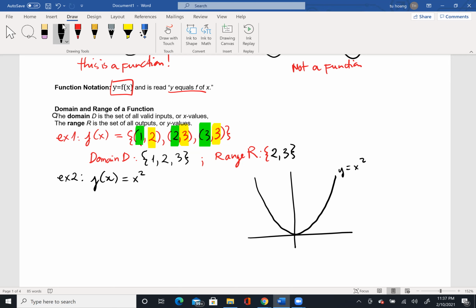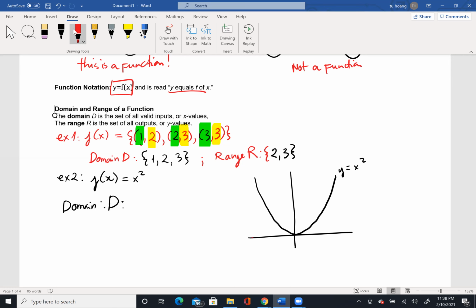So you might talk about the domain. I will consider the valid values of x, or the input, right? So in this case, I will take a look at the values of x.